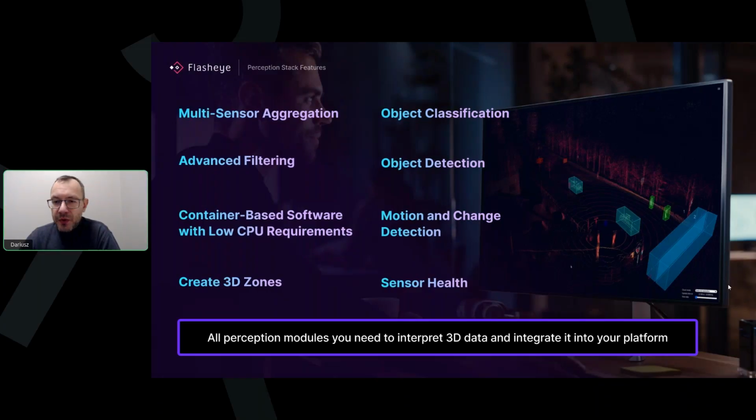And here are several points which can be addressed right away with our perception software. Since you are here, you most likely heard about our FlashEye perception, which utilizes 3D LiDAR data, where you can aggregate multiple LiDARs, as I mentioned before, from different models to different brands at the same time in the same system. The system can perform object classification, object detection, monitoring, and change detection.